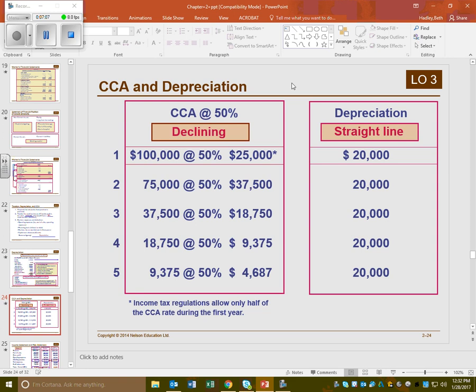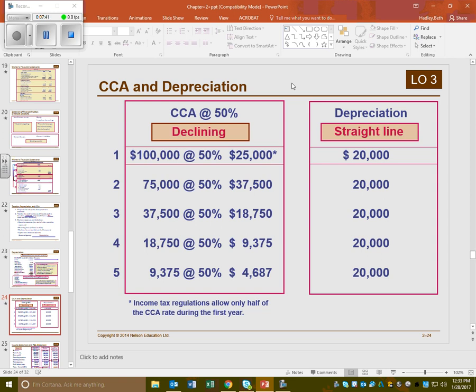So the value at the beginning of the year when you purchase it is $100,000, and the rate that the government is allowing you to deduct is 50%. And as you can see, either in your textbook on page 60 or on the current slide, for some reason in that first year, instead of 50,000, it's showing 25,000. The reason being, as you can see down below, income tax regulations allow only half of the CCA rate during the first year.